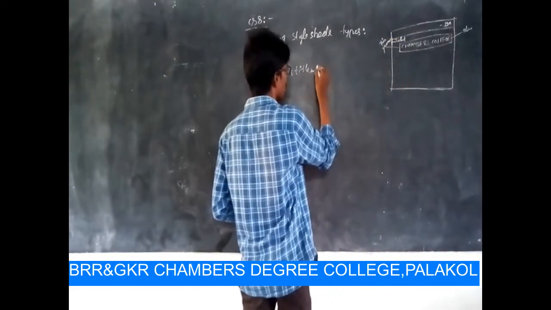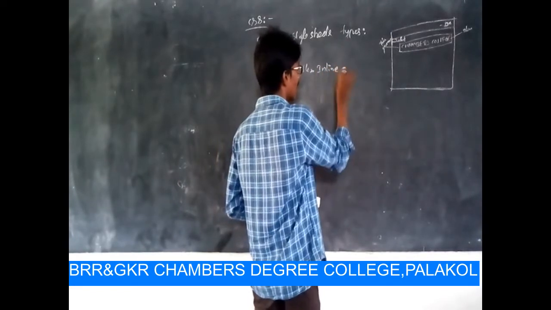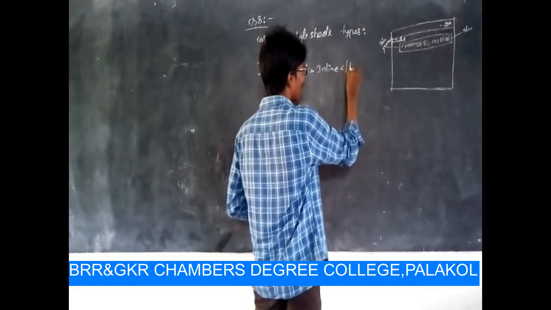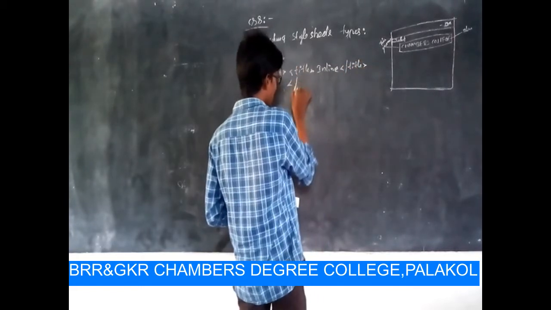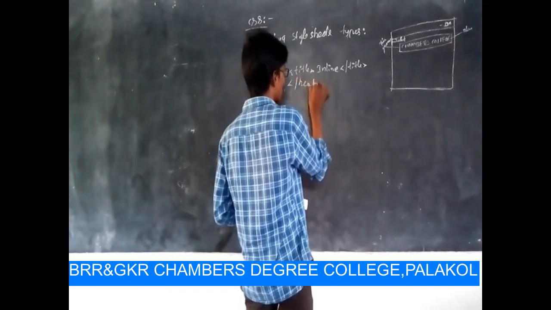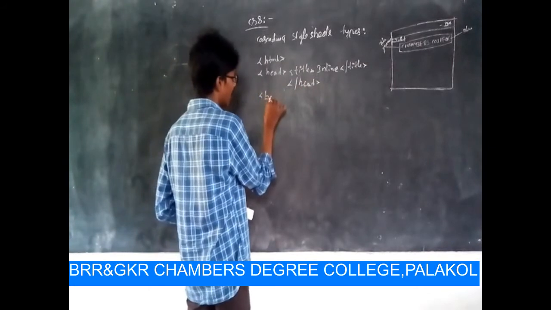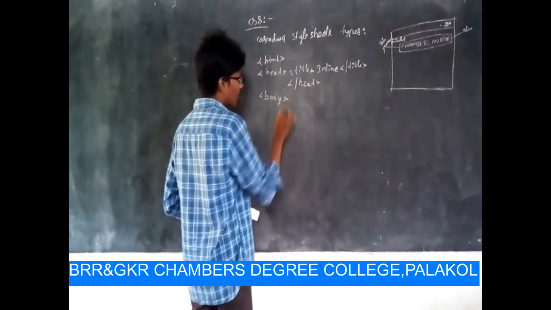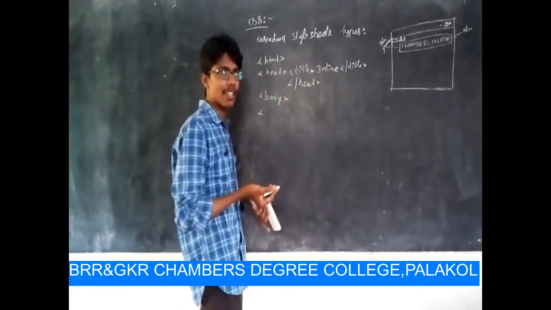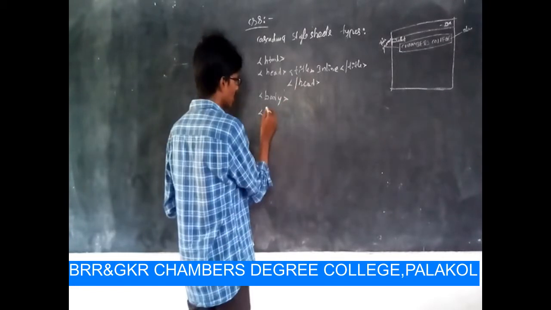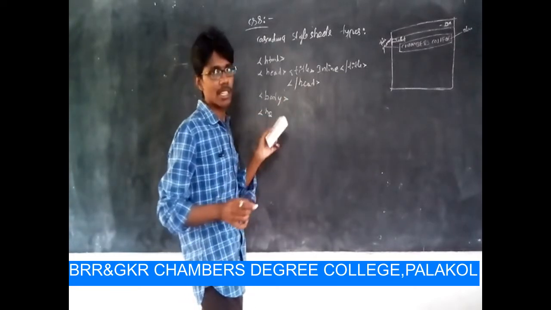After representing the document name, inline, close the title tag. After that close the head part. Then open the body tag. After that there is a title, any heading tag from H1 to H6. For this I want to use H2.